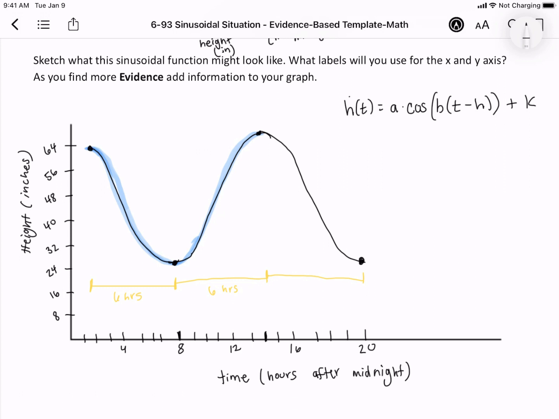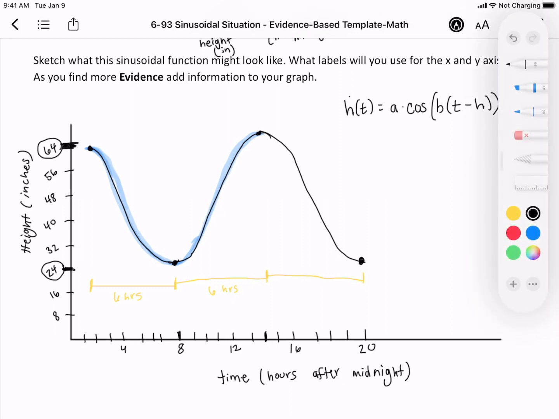So in order to find this information, let's start with our midline, our k, and our amplitude. So the midline is going to be the vertical shift that is in between our maximum, 64, and our minimum, 24. So we know that the total length between those is 40.